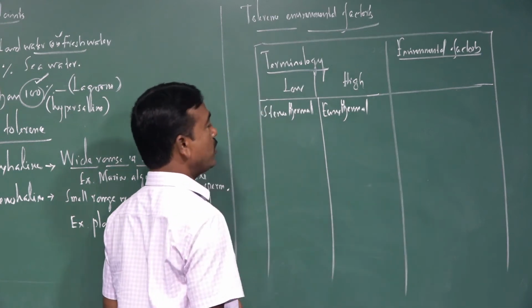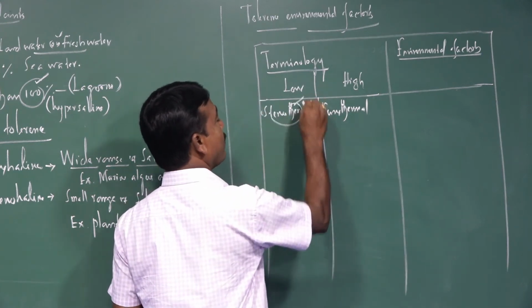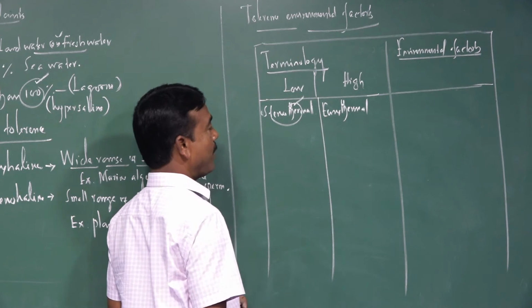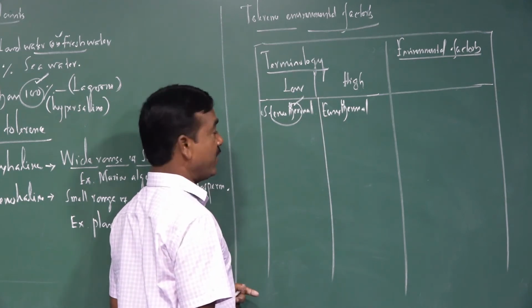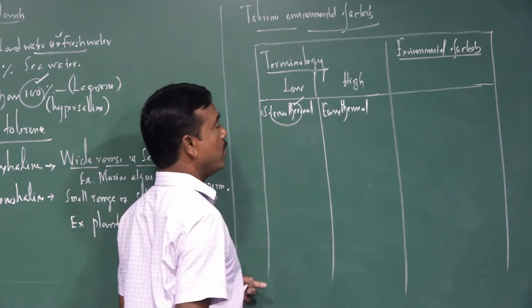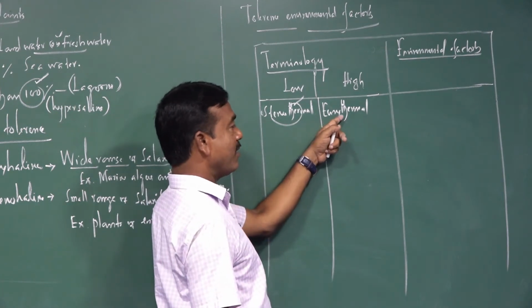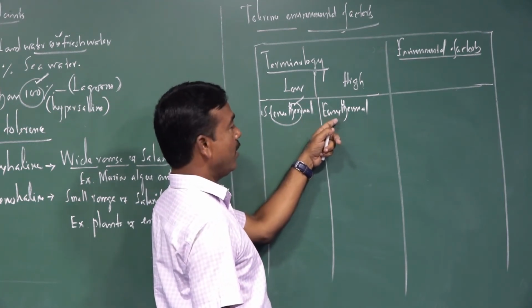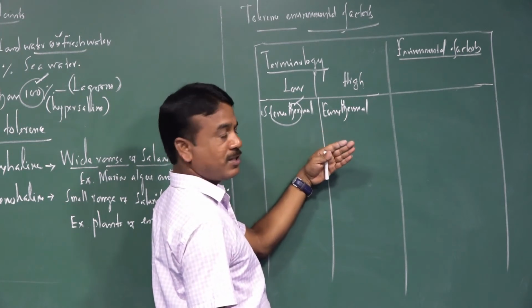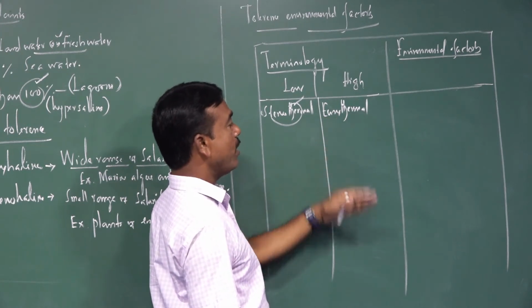So what do I call stenothermal? A high range of temperature, where the plant must be adjusted to different kinds of environment. Thermal means heat or temperature. Some of the plants must be adjusted to low or small ranges of temperature.